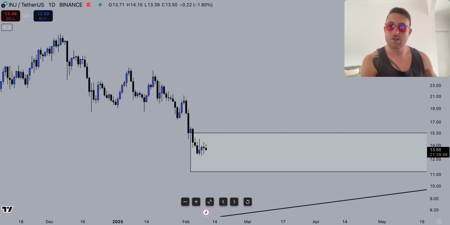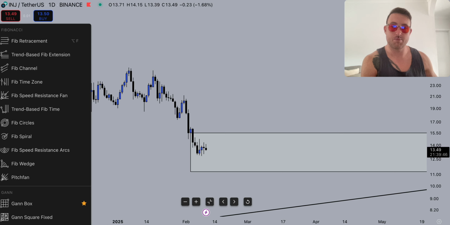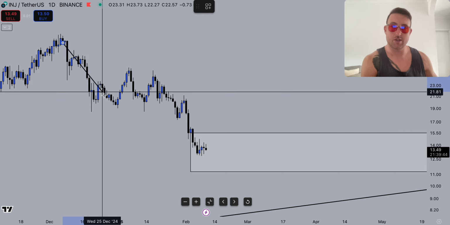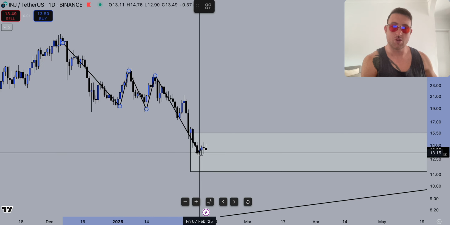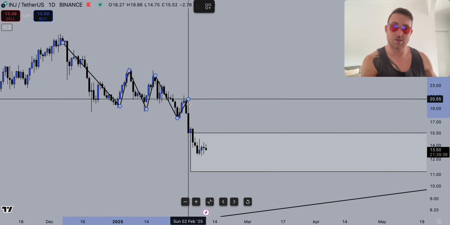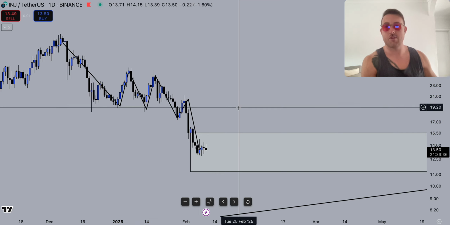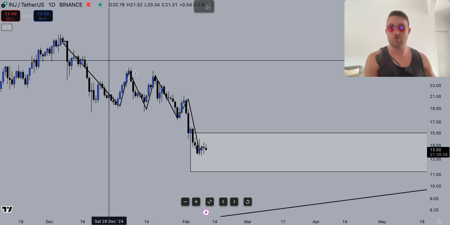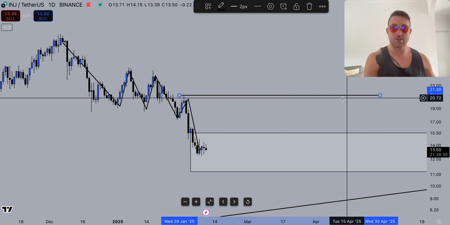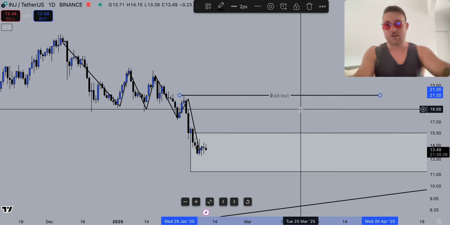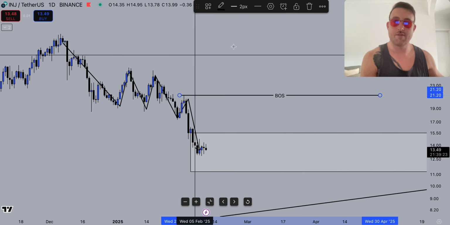You can see that we are basically making lower lows and higher highs. So from that point of view, we really want to see on the daily a break above $21.20, which would give us a breaker structure, and that would be our first high for Injective.